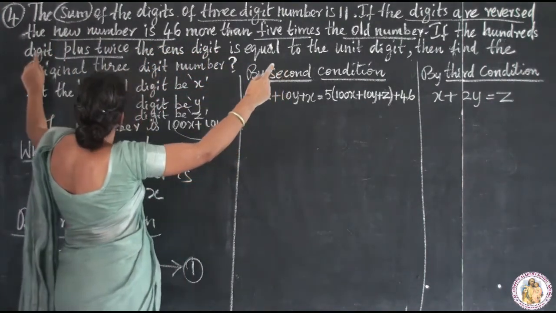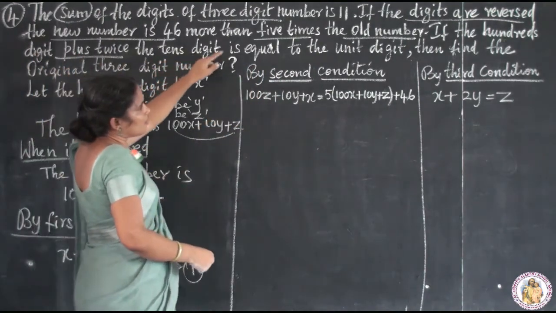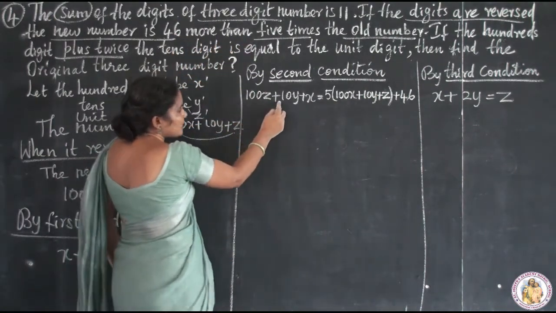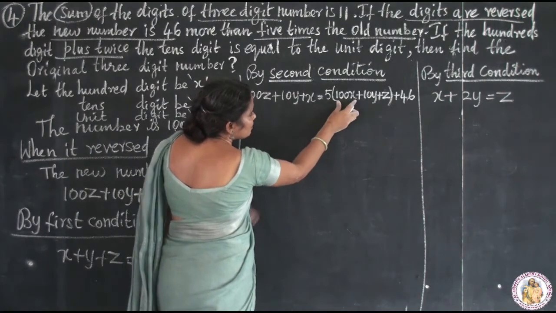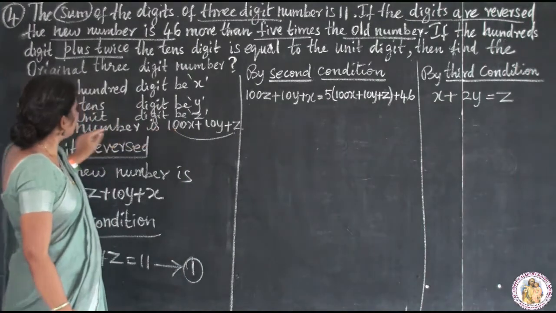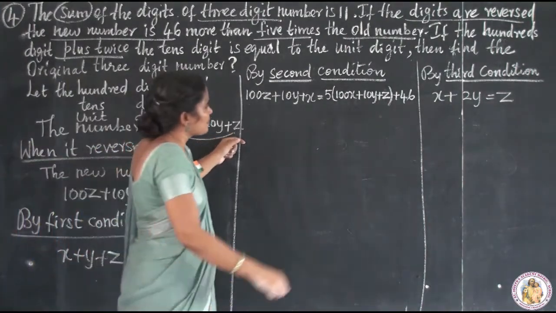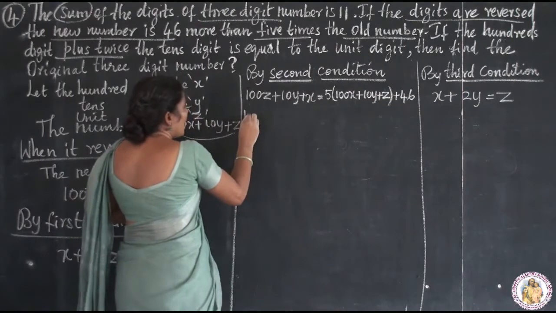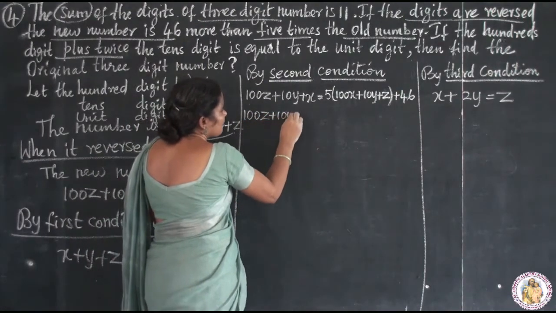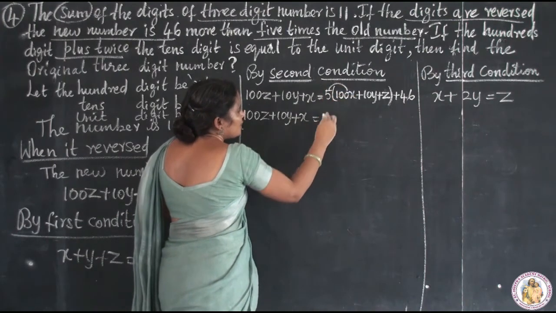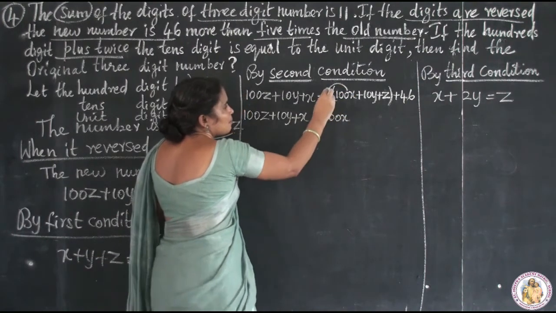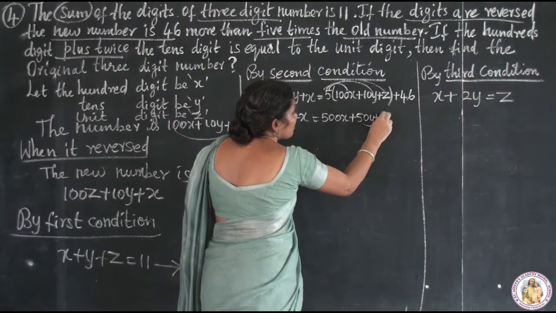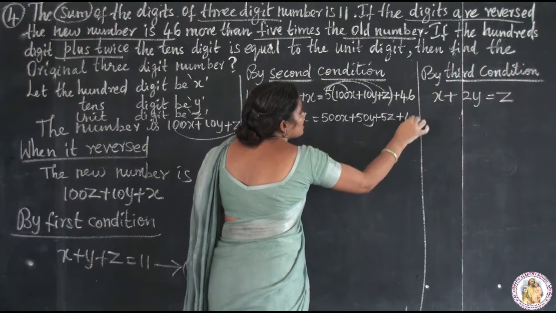So the new number is 100z plus 10y plus x, which is equal to 5 times the first number, 5 into 100x, 500x, plus 5 into 10y, 50y, plus 5z, plus 46.